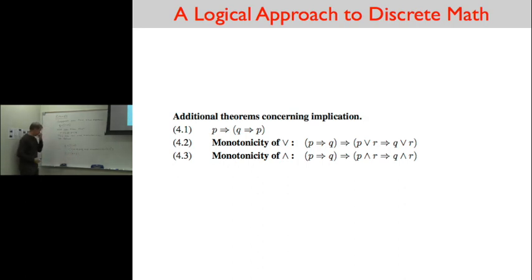So again, which implication is this one? It's the last one, because we're saying this implies this. But the only reason we know that is because this implies this, right? So this is the P, this is the P, and this is the Q. In fact, this is monotonicity 4.3 with symmetry.